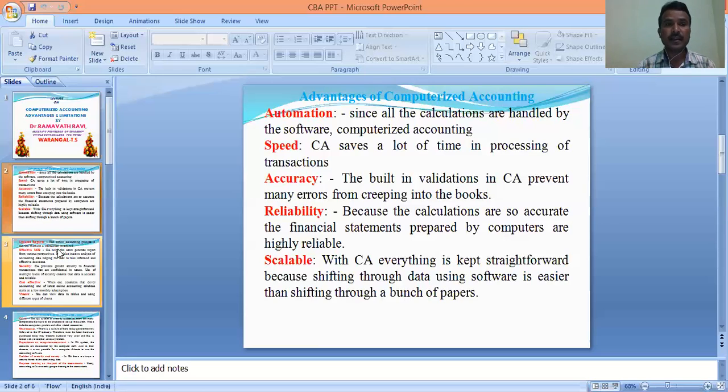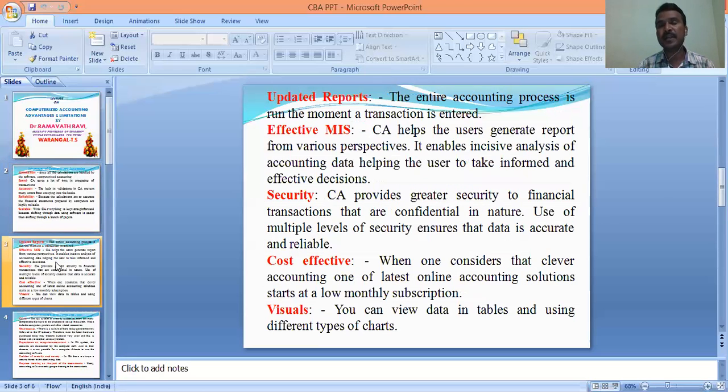And the next advantage is updated reports. The entire accounting process runs from the moment a transaction is entered. Whatever transaction we are entering, if any correction or modification is needed, we can go back and update it. We go to the previous entries and edit them.